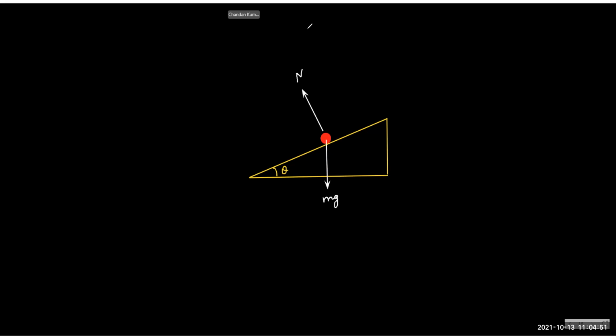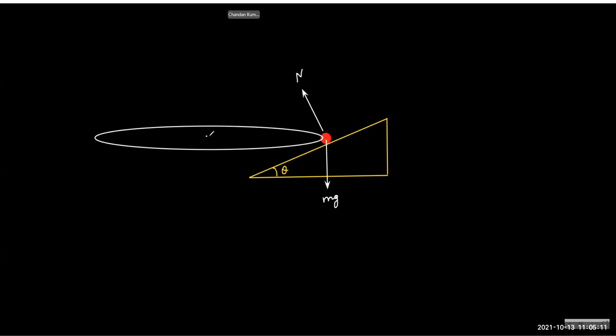Now, if you look at the plane of motion, I hope you have realized the plane of motion is this way. This is the plane of motion, and the plane of motion is horizontal.